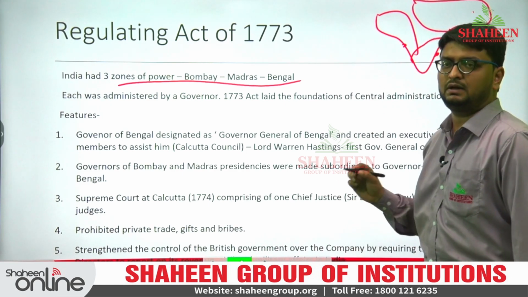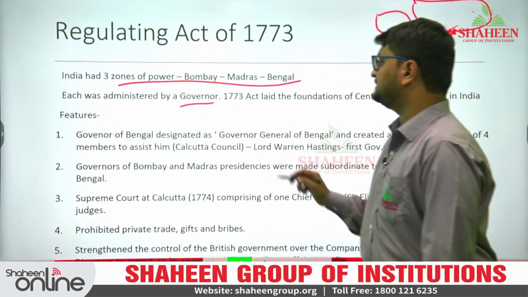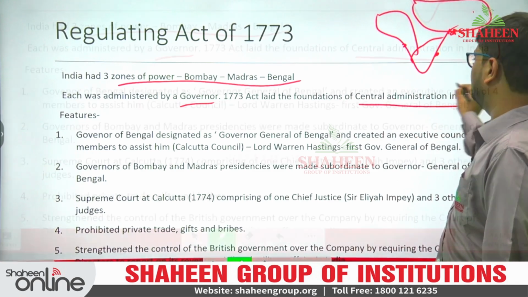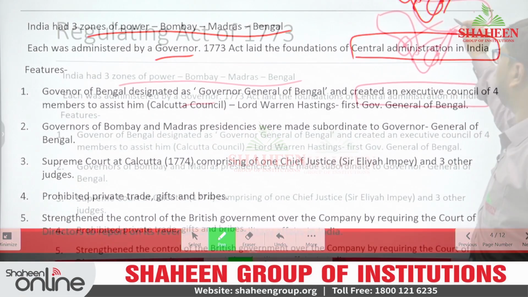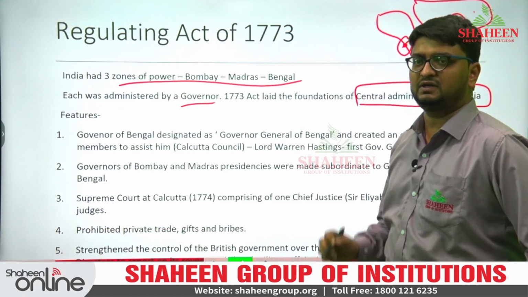Each zone was administered by a governor. The 1773 Act laid the foundations of central administration in India. The Regulating Act of 1773 made the governors of Bombay and Madras subordinate to the governor of Kolkata. This was the first feature.